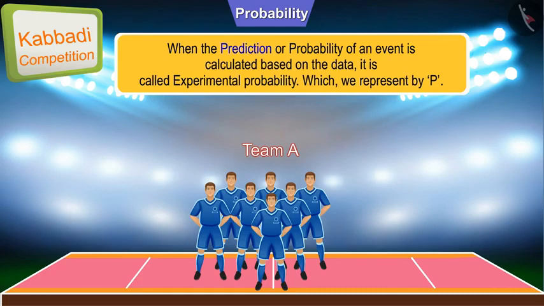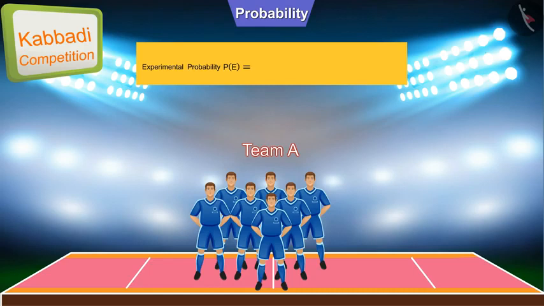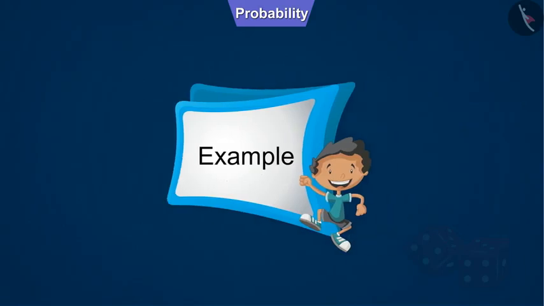The prediction or probability of an event calculated based on the data is called experimental probability, which we represent by P. The experimental probability is the ratio of the number of trials in which the event has occurred and the total number of trials. Let's understand it by another example.